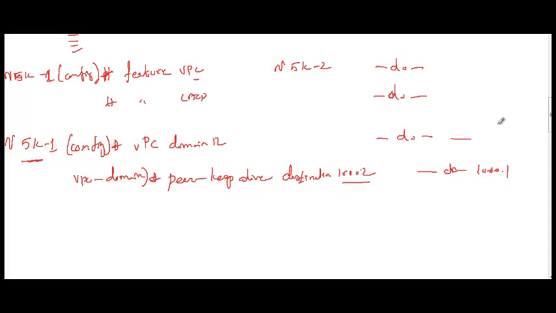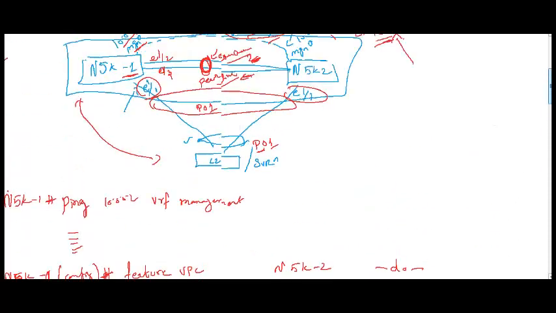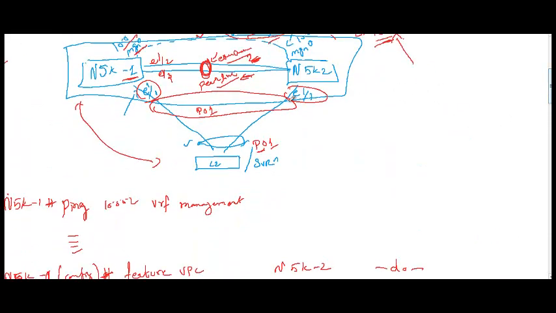But for the downstream switch, it will see only two devices. See, it is like this. For this switch, this is one VPC. I can have another layer 2 switch, and I can have another VPC. Same domain, I can have another switch, and I can have another one.